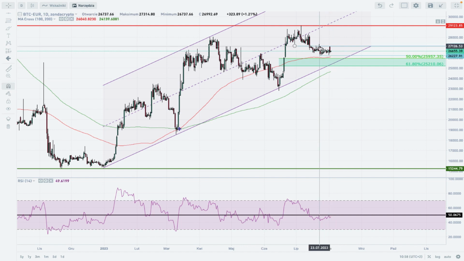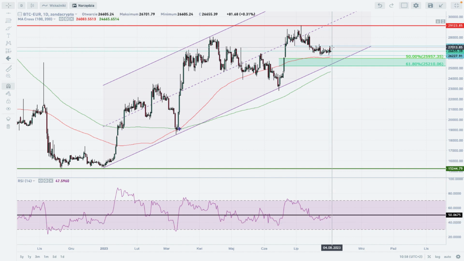So we need to see a breakout to the upside. Otherwise, after this range trading, the market might continue to the downside, just because the momentum is negative and the sentiment is right now negative as well, at least in the short term.